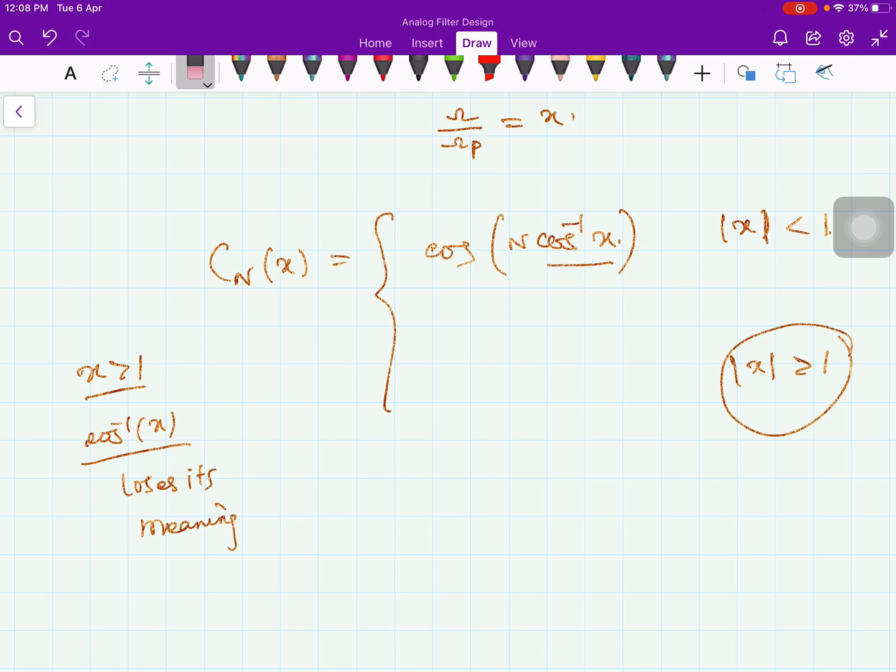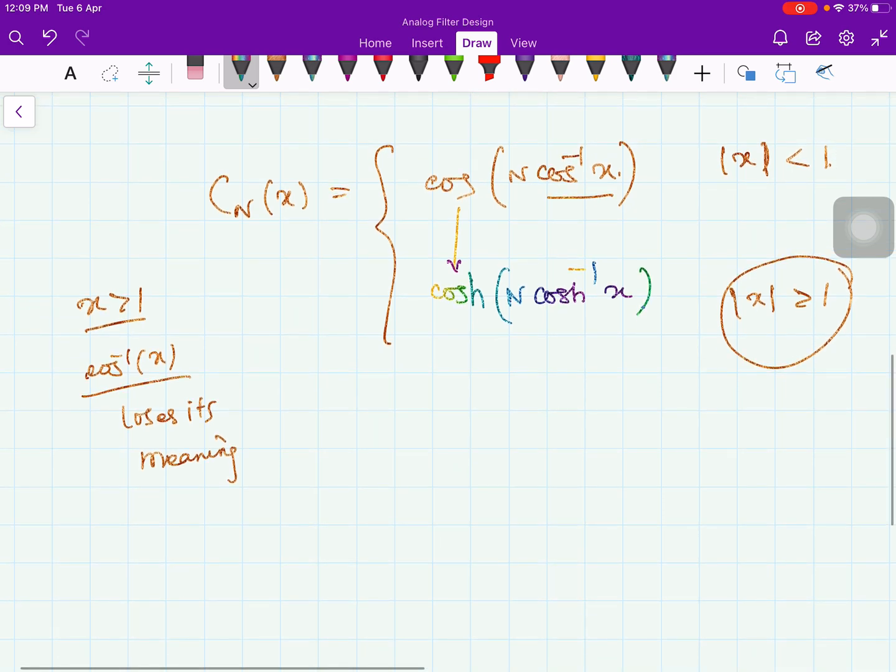Therefore, we have to replace cosine by cosh, the hyperbolic function. So this is the natural transition. Instead of cos, I have cosh, cosh of n cosh inverse x, for mod x greater than 1.